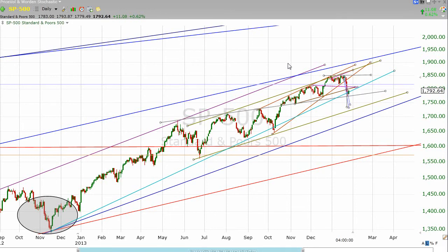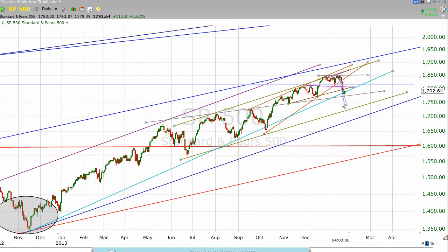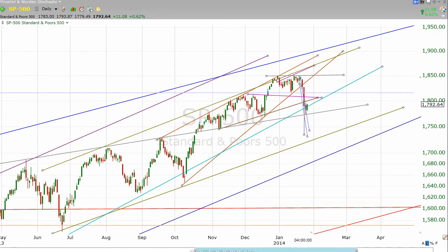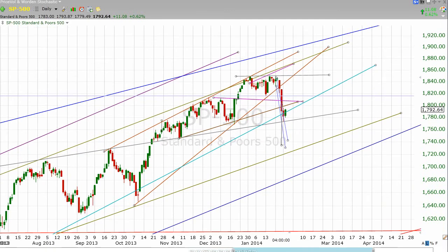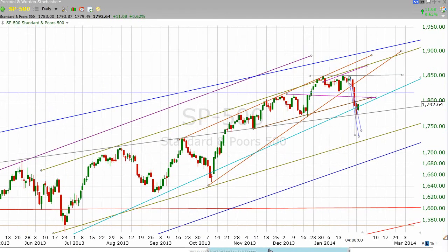But what I want to show you is that if we zoom in on this, and I'm going to do this while still in a daily mode to make sure that everything lines up properly. And again, these don't line up absolutely perfectly, but I'm going with the first and last one, and I'm trying to sort of average it out.